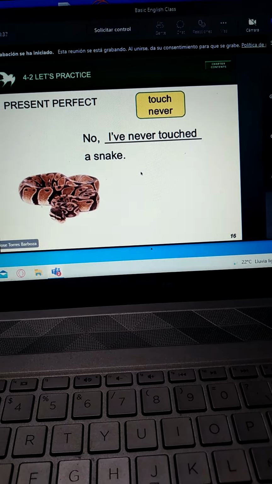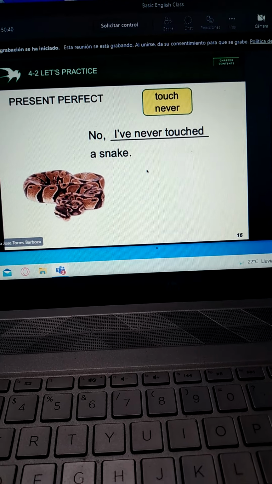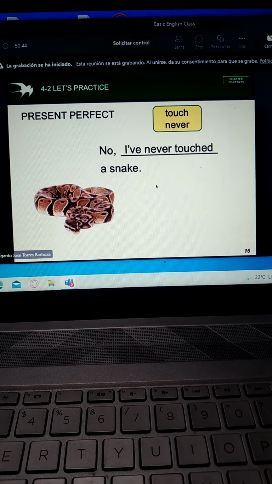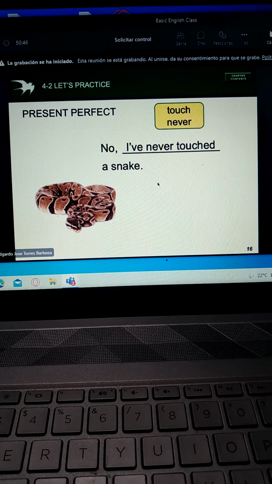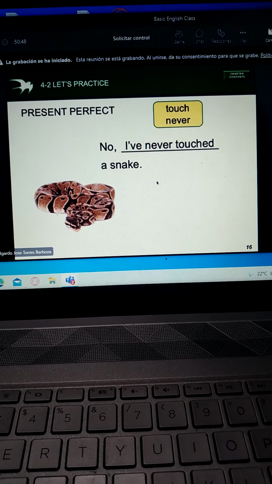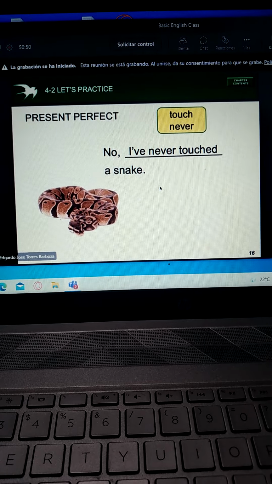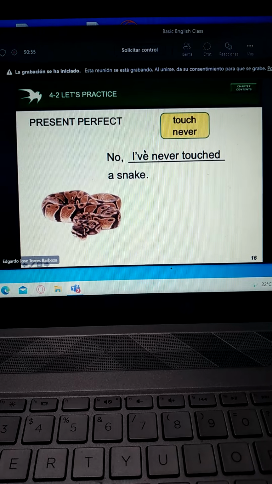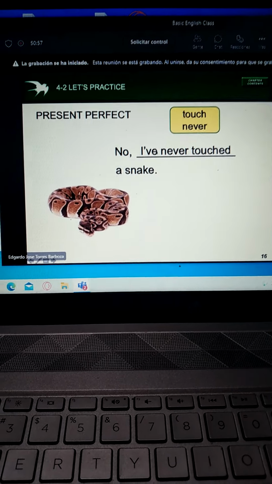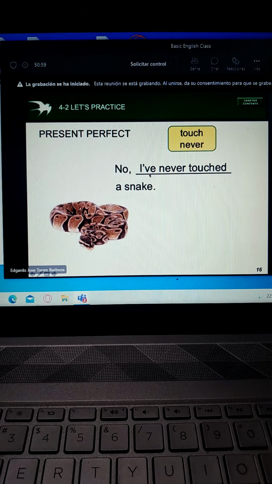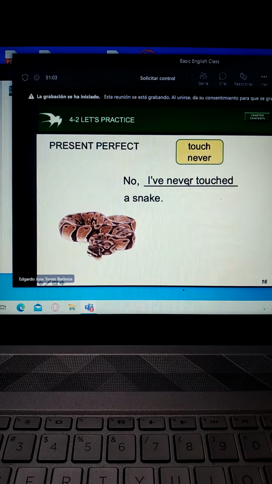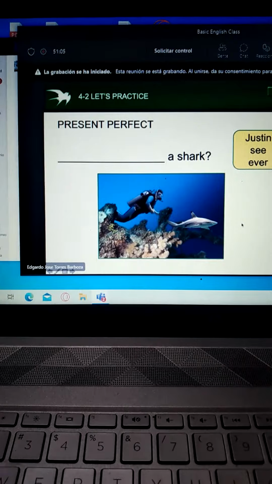What happens if I say, no, I haven't never? I have two negatives. I have a double negative, and that's not possible. No, I have never touched a snake. Okay, so when we have to use never, this auxiliary goes affirmative. Because if I say I haven't never, we have two negatives in the same sentence, and that's not possible.